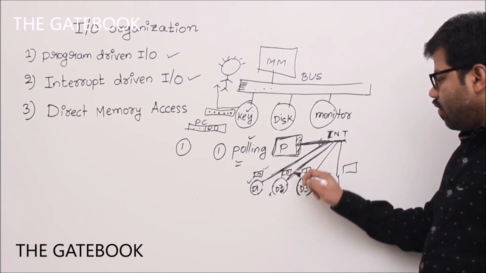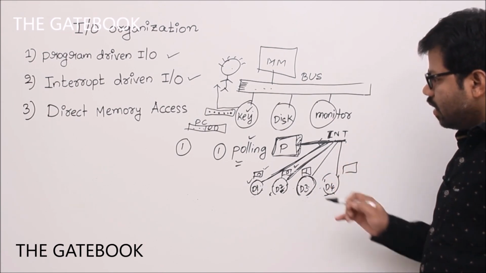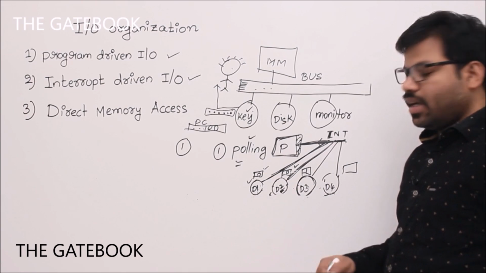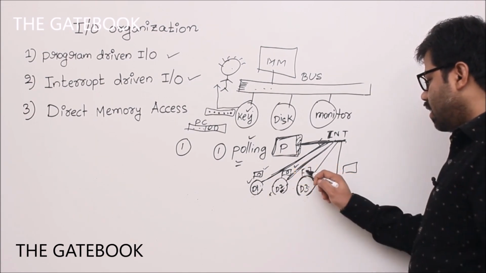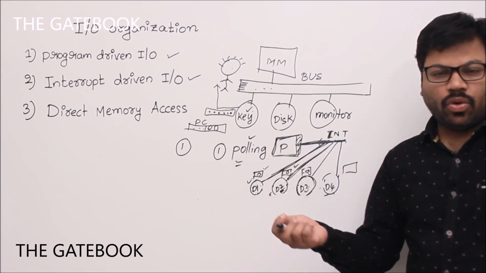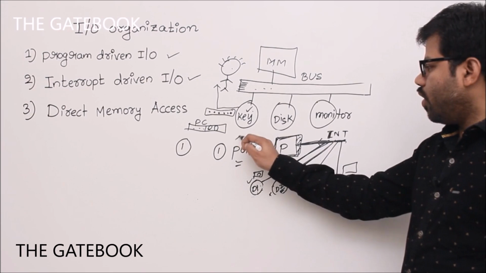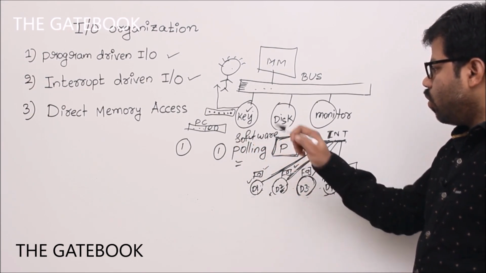Again it will poll D1, D2. This time D3's bit will be 1 and D3 will be served by going to the appropriate interrupt service routine, right? Once D3 is served, this bit will be made 0. So this is one method called software polling, right? Using software polling we can do it, and we have to have a separate program for that.